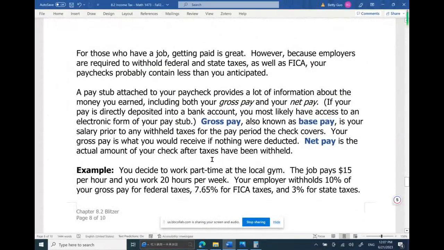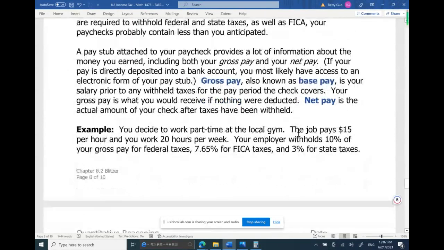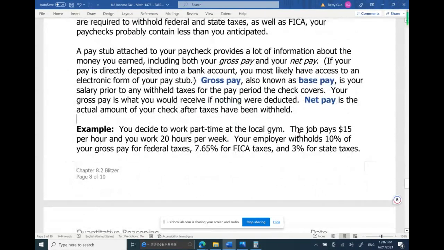This part includes 2 concepts, gross pay and net pay on your pay stub. You should pay attention to your pay stub every month or every bi-week. A pay stub attached to your paycheck provides a lot of information about the money you earned, including both your gross pay and your net pay.